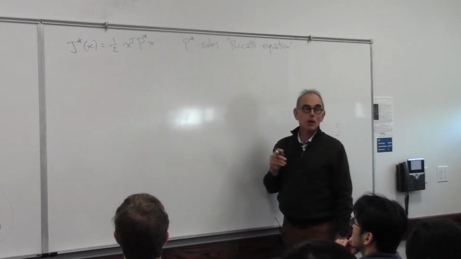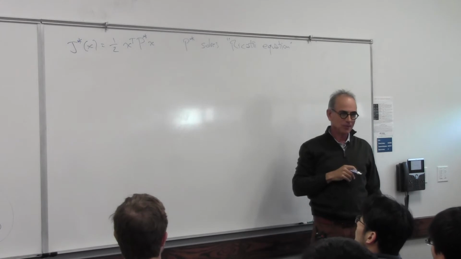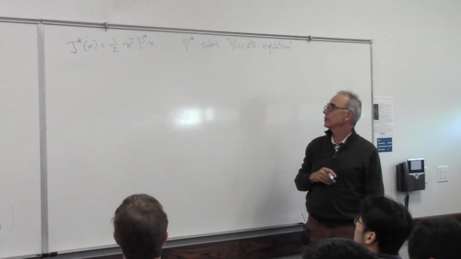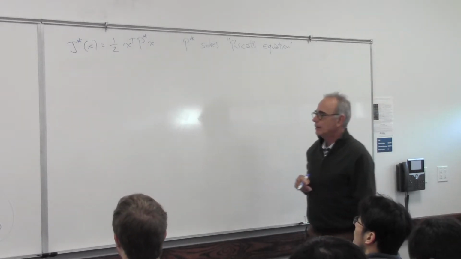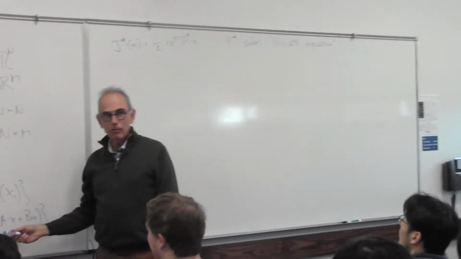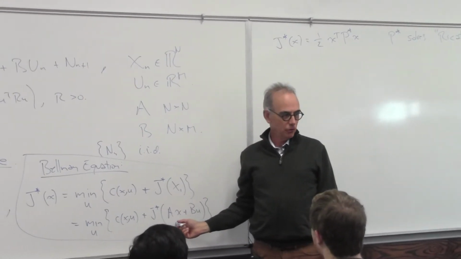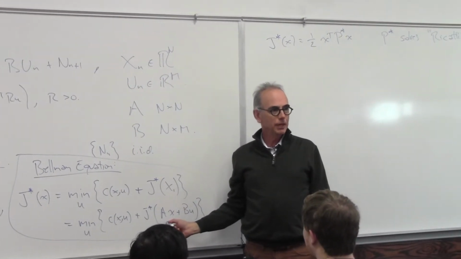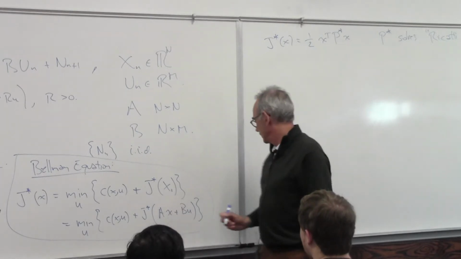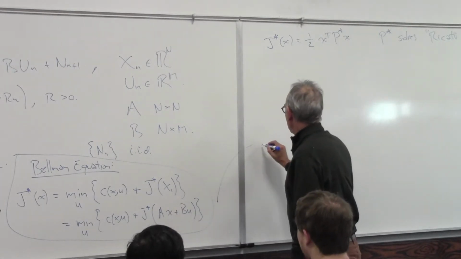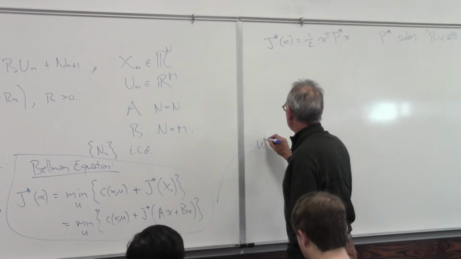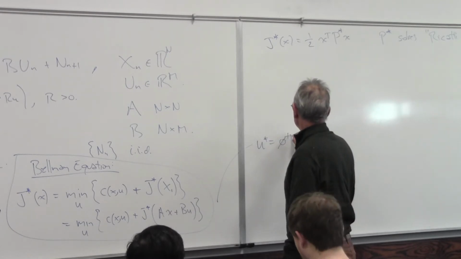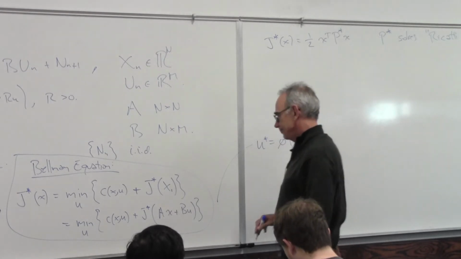It's a homework problem, I might make you derive the Riccati equation later on when we get to that part of the course. And the minimizer here gives you the optimal control. So the optimal control is state feedback. U star is some function of x, right?